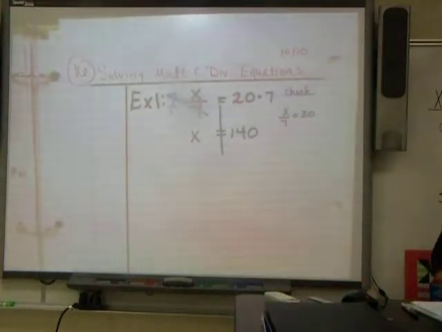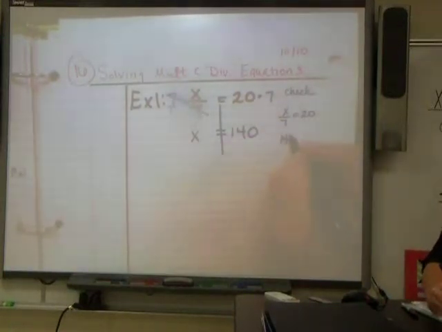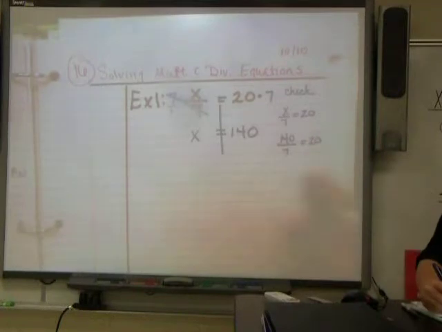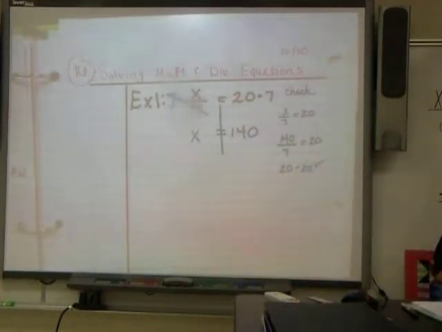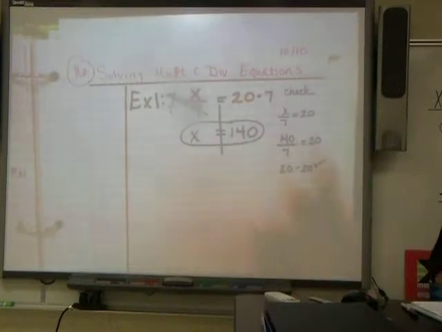You write the original problem to check. If I said x was 140, then I put 140 divided by 7 is equal to 20. 7 will go into 14 twice, keep the 0. 20 is equal to 20, so I know that is the solution. Now, since I know it is the solution, I can circle it as my answer.